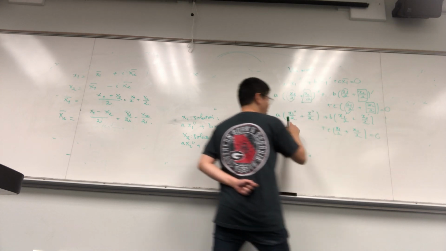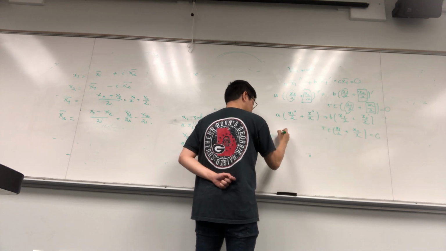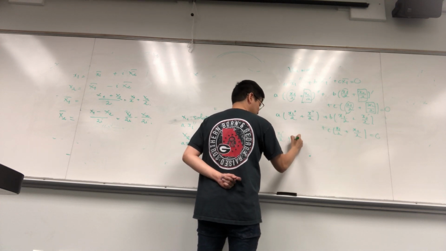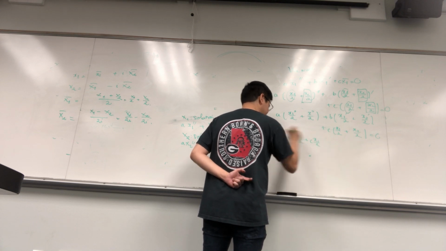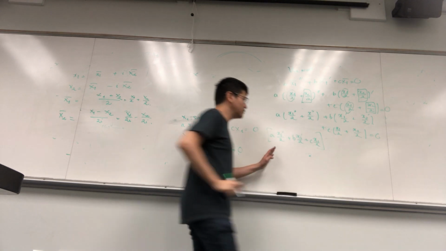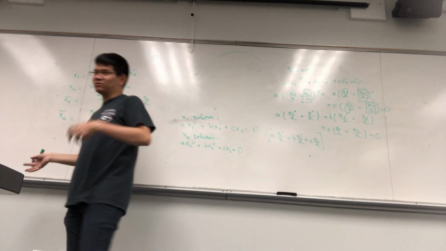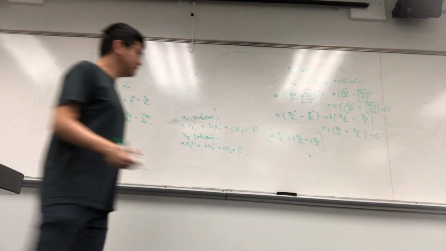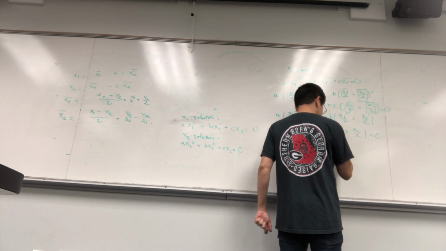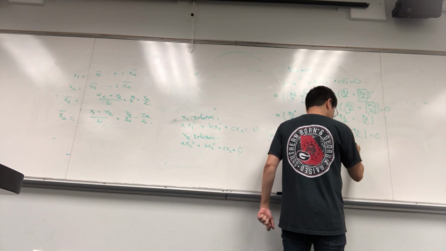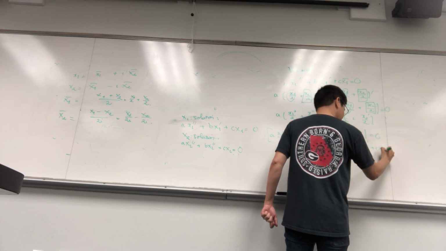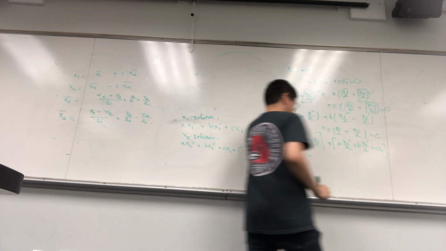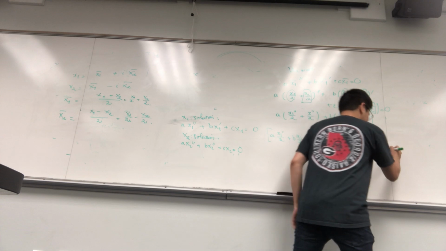So I group all of the x1: a x1 second over 2 plus b x1 prime over 2 plus c x1 over 2. This is 1, and I group all of x2: a x2 second over 2 plus b x2 prime over 2 plus c x2 over 2. And I want this to be 0. Why is it 0?